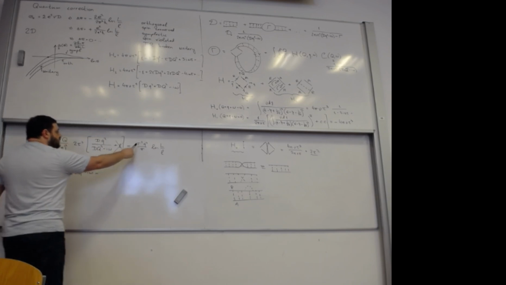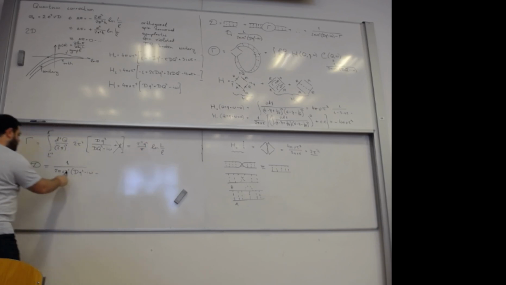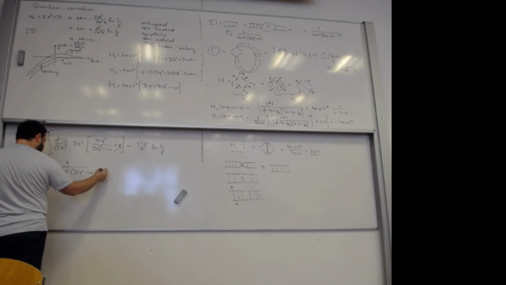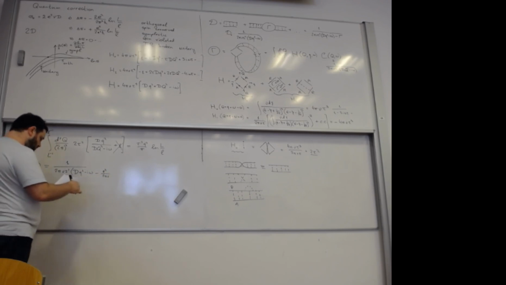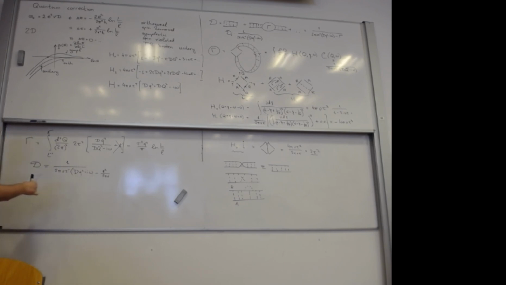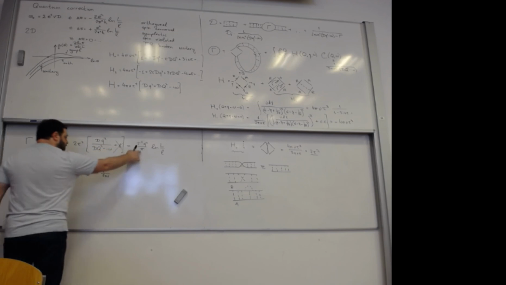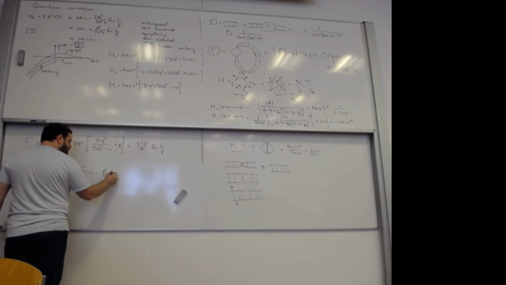I have tau squared q squared here, tau squared I take out, so I have minus q squared over 2 pi mu times the logarithm.